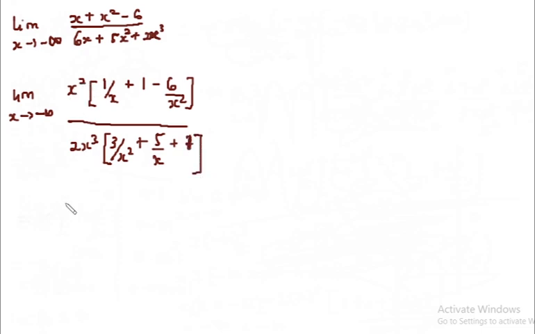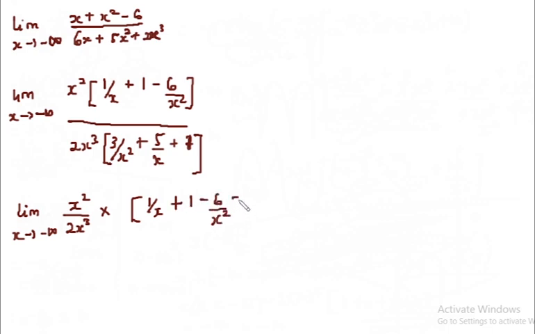These two terms can come together such that the limits as x approaches negative infinity can be written as x squared times the bracketed terms, 1 over x plus 1 minus 6 over x squared, over 2x cubed times 3 over x squared plus 5 over x plus 1.